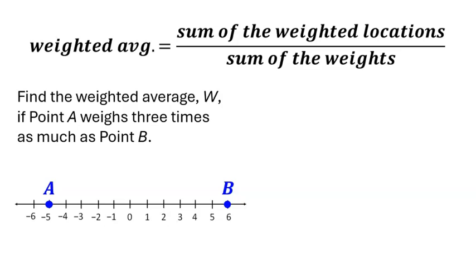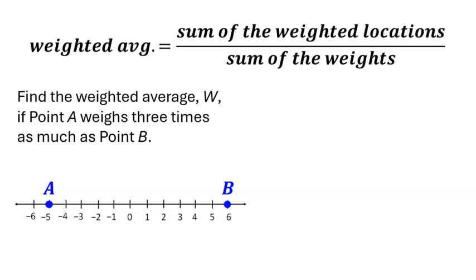So our first question says, find the weighted average W if point A weighs 3 times as much as point B. So first we're starting off with points on a number line. And so it says point A weighs 3 times as much as point B, but it doesn't really say what the weight of point B is.